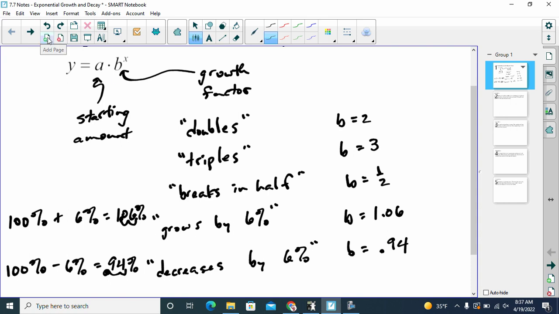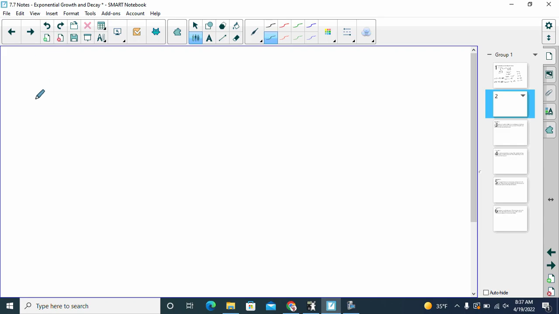Before we jump into the story problems, I want you to decide, if the story problem says this over here, what is the b value equal to? So the first one, let's suppose it says that it multiplies by a factor of 4.